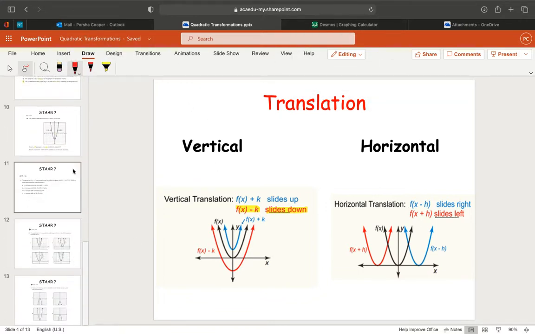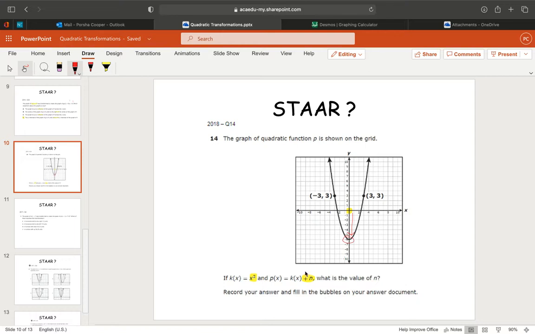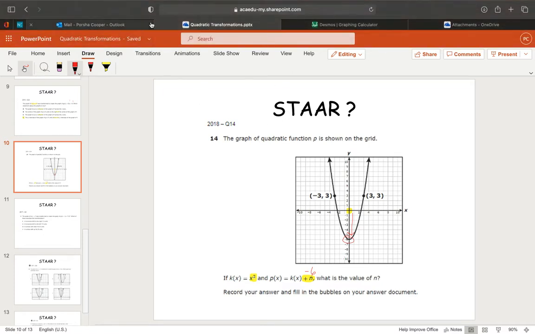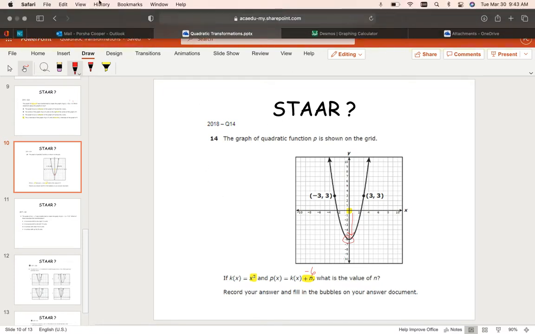So that means that our value for n would be -6. It means that we took the parent function and we pushed it down 6 units. So that's a very simple question. Again, a lot of text here and a lot of function notation, but if we understand the transformations, this is really an easy question for a STAAR test.